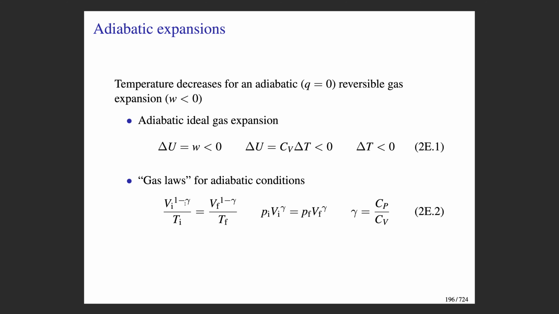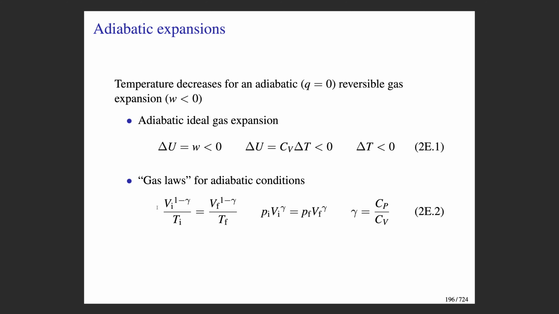And so you'll see we've got something that looks kind of like Charles' law, except instead of there being just volume over temperature, it's actually volume to the 1 minus gamma power, where gamma is called the adiabatic coefficient. And it's the ratio of the heat capacities for the gas. It's the heat capacity at constant pressure divided by the heat capacity at constant volume.